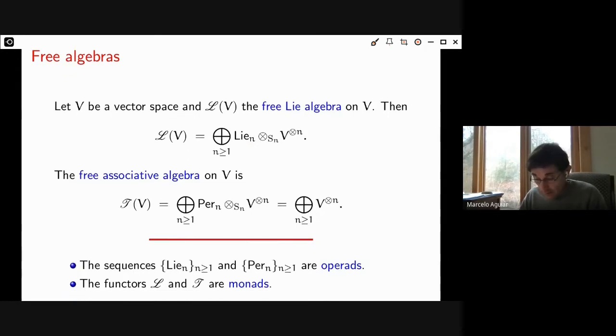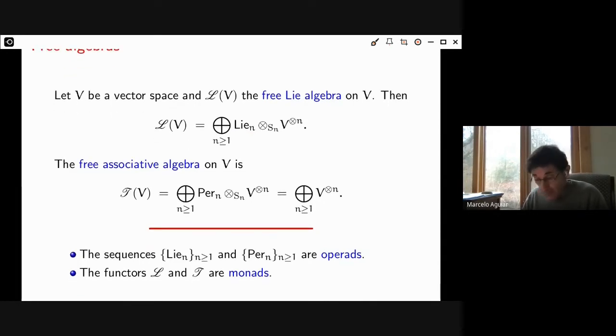Of course, there is a parallel statement for free associative algebras. The free associative algebra is a simpler object in a sense. It's just the tensor algebra on V, and that admits the same description involving now the regular representations of the symmetric group, the spaces Per n that we had initially. And of course, then we recover the usual description of the tensor algebra.